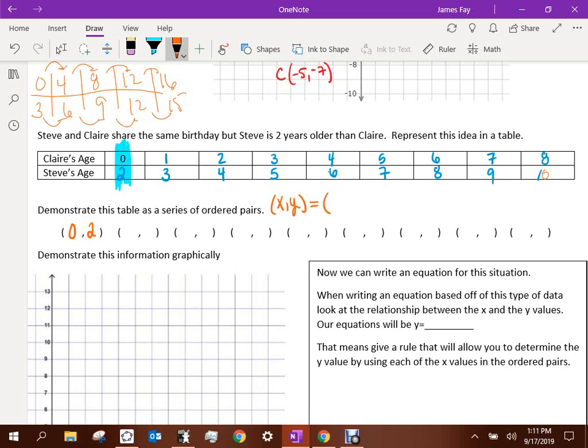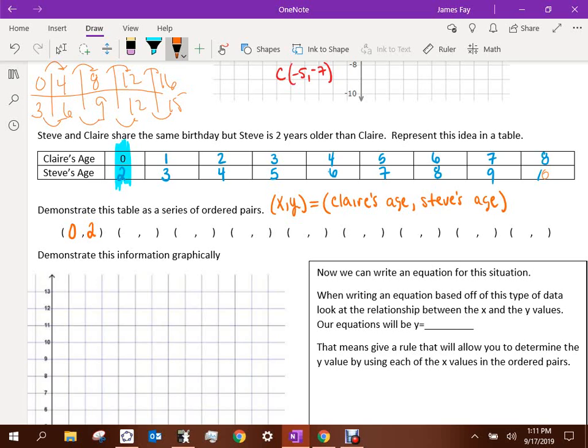But the x is Claire's age, and the y is Steve's age. Okay? Now, if you wanted to, you could flip-flop that, and you could say, well, I'm going to let Steve's age be x, and Claire's age be y. That's fine. Okay, just the way this one's set up where it says Claire first, let's let Claire's age be x and then Steve's age be y.